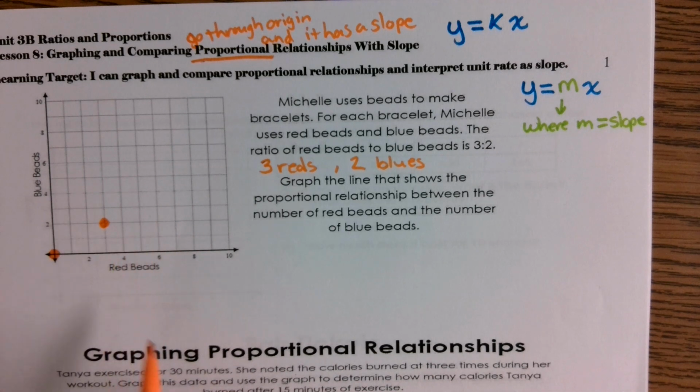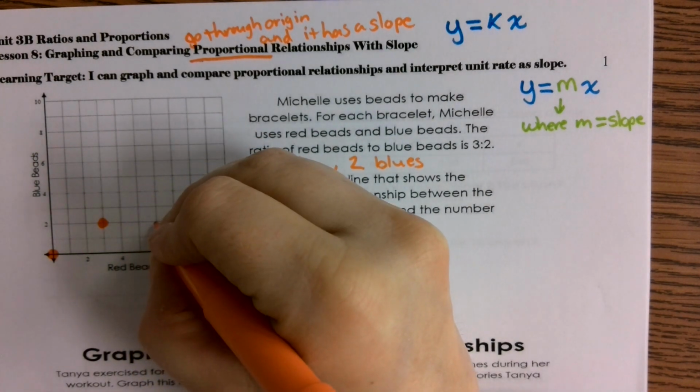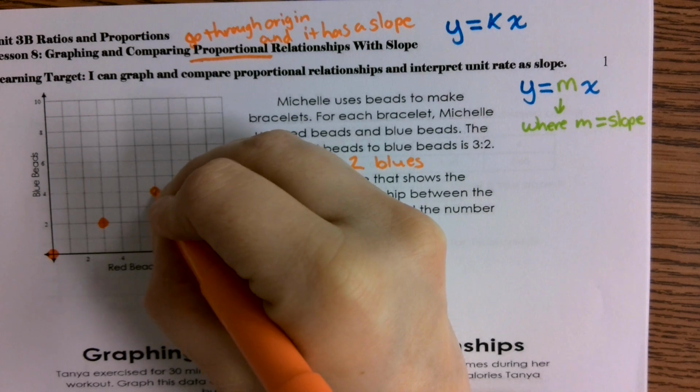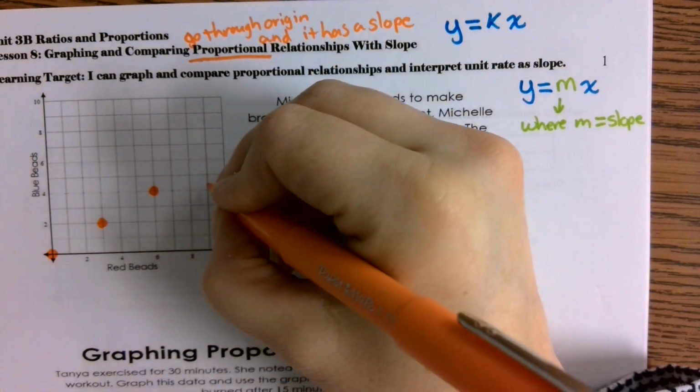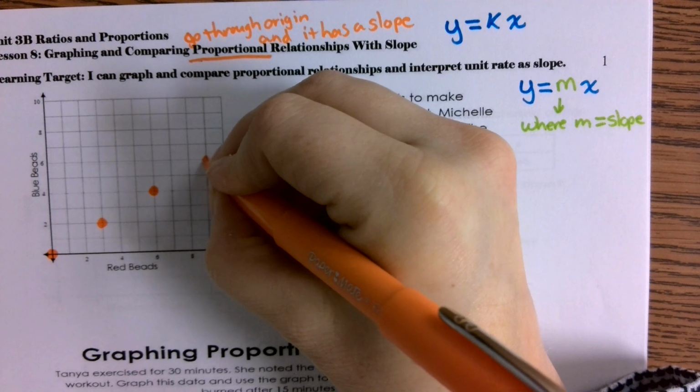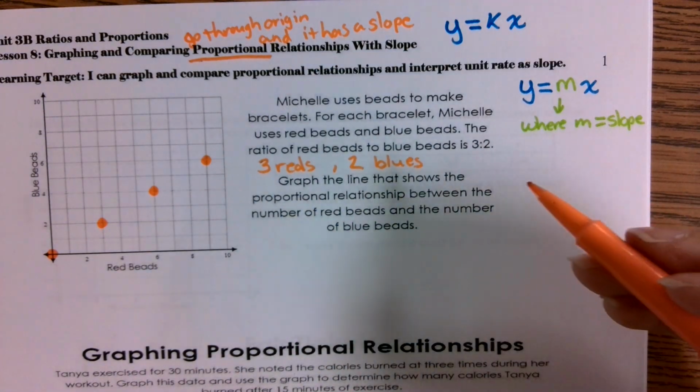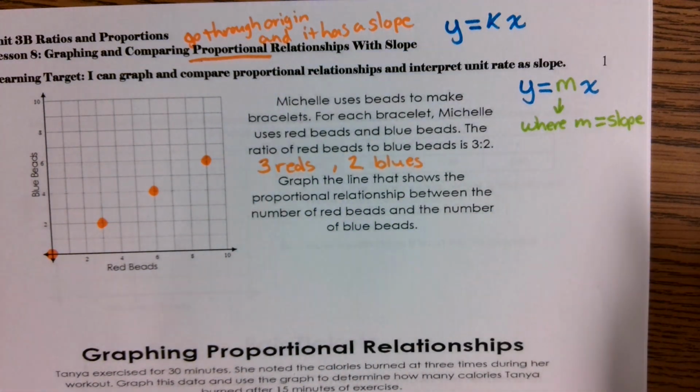What's another point that would represent the ratio 3 reds and 2 blues? Ty? 6, 4. Good. 6 reds and 4 blues would be another representation of the same ratio. There's a third point that I can plot on here. Serenity? 9, 6. Good. So the graph of 9, 6. 9 reds and 6 blues.